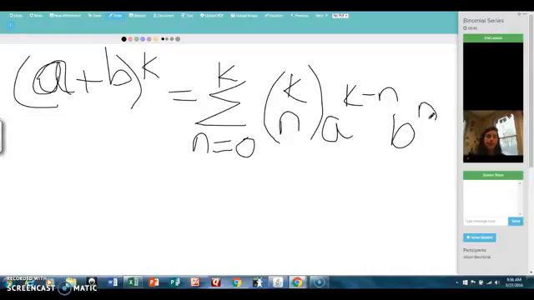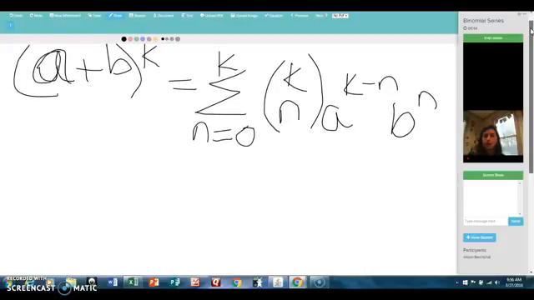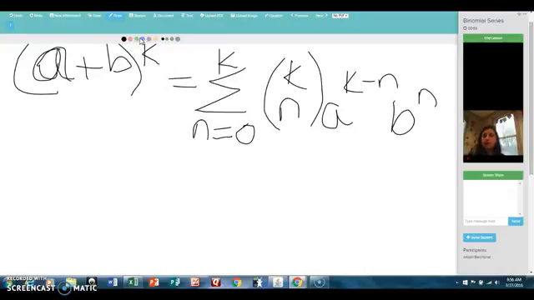This formula looks like a beast, but really it's just a pattern. We're going to talk about what it means, and then we are going to plug in a couple of things and try it out. So first, let's talk about k choose n. That is the same thing as saying if you have k things and we want to find the number of combinations taken n at a time.